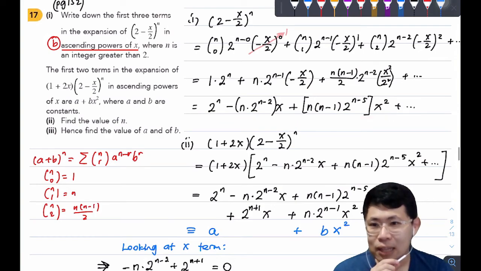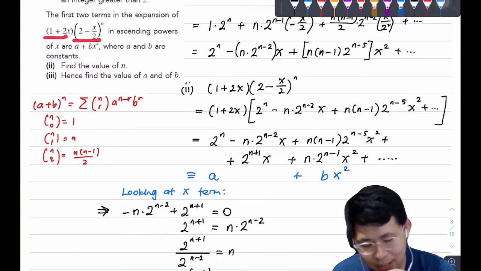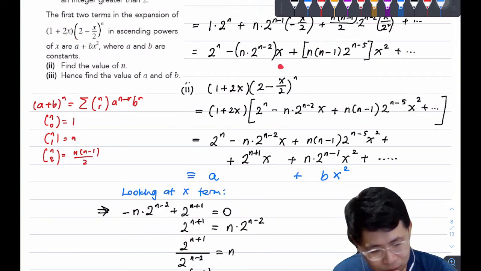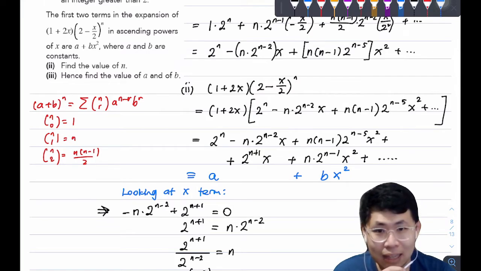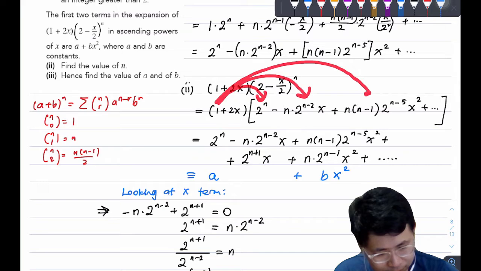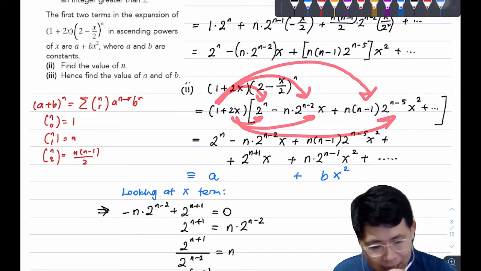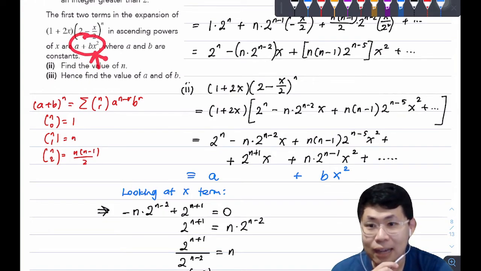And then for part 2, because we are expanding these 2 brackets, I will need to replace this with my expansion just now. And later I'm going to expand this over here, and then this one over there. And I just observe the question. I just need to expand until the x squared term.